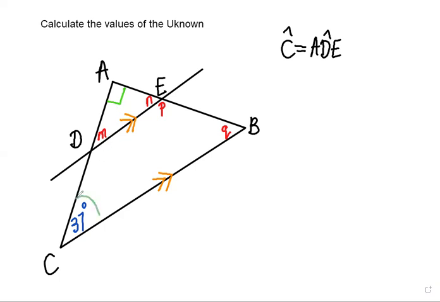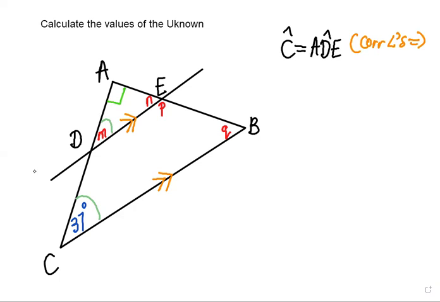Angle C is this angle right there. It's equal to that angle, and it's corresponding angles equal. So we write corresponding angles are equal, because you can see that you have parallel lines.